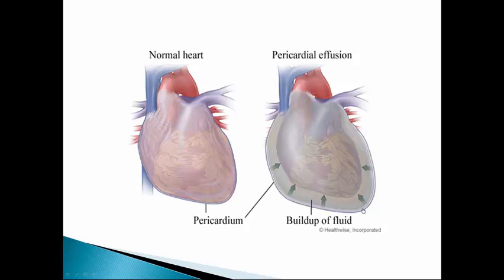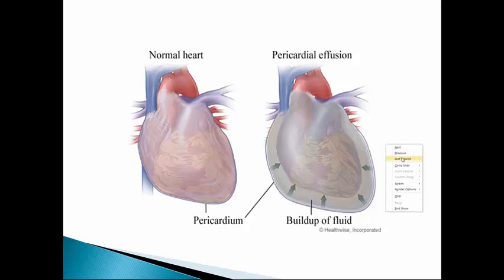As a result, that fluid buildup, because it's not going to go out, is going to press inward to the heart itself. So it decreases the ability of the heart to both contract as well as fill. So what would that do then to the ejection fraction? Decrease it, yes. So you have a decrease in that ejection fraction.